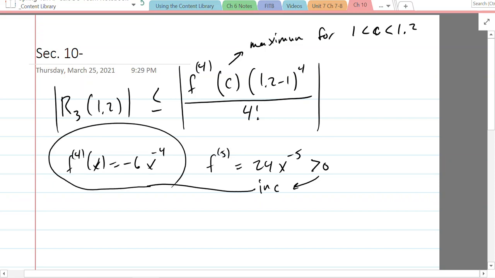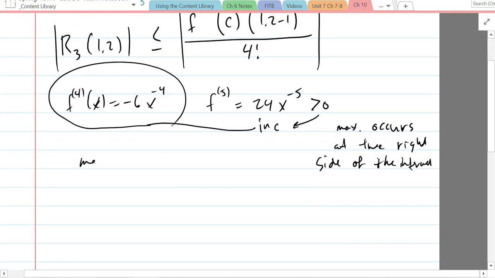Since it's increasing, the maximum occurs at the right side of the interval, which means the maximum is at f fourth derivative of 1.2.